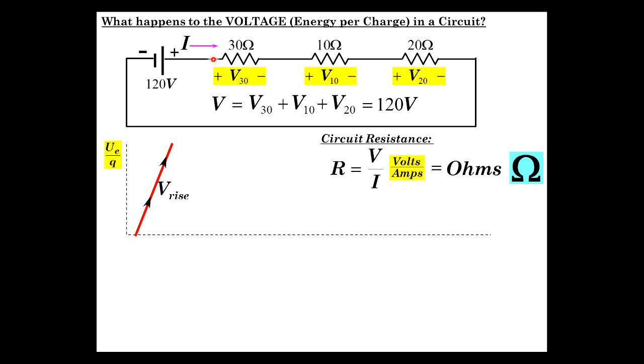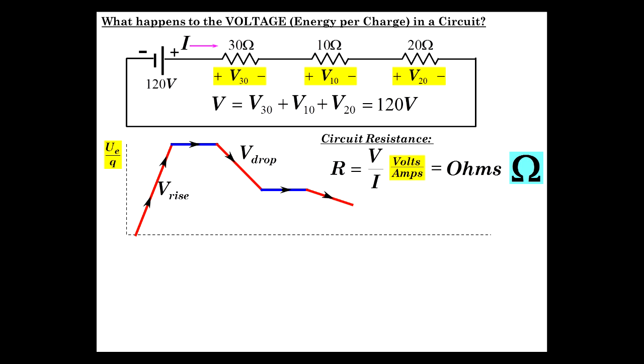And along a conductor, it doesn't change. So we're going to progress along the conductor at the same voltage. And now as we look at this resistor, it drops across the resistor. So spatially, across that region, there's a drop in the energy of the charges. And then in like manner, we move to the next resistor, and it drops across there.